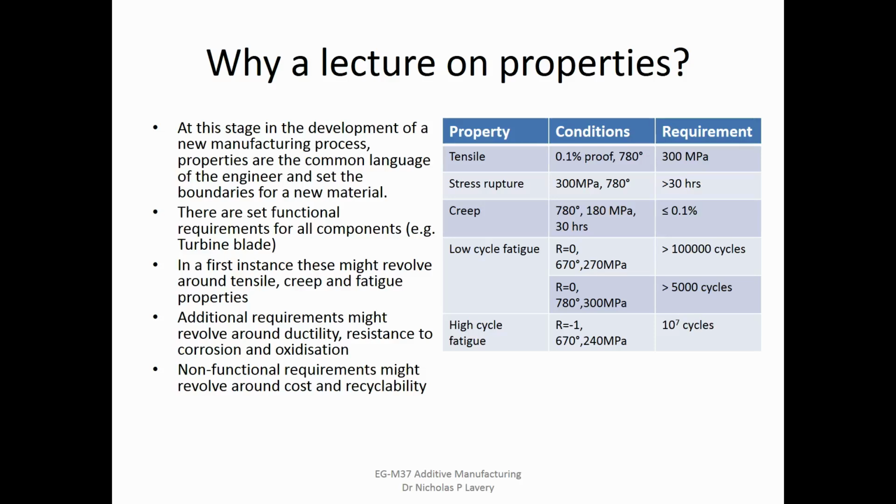So if you are in a materials development program, you will often get set a target for a specific alloy, and that target will be set based upon what they're expecting of it in service. I'll be referring a lot to turbine blades because they often have the harshest working environments and the highest safety requirements.